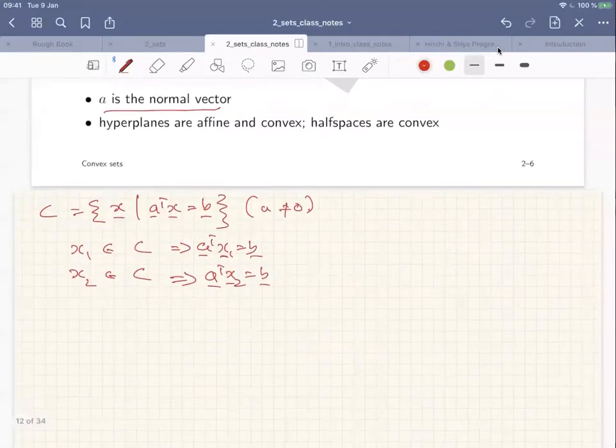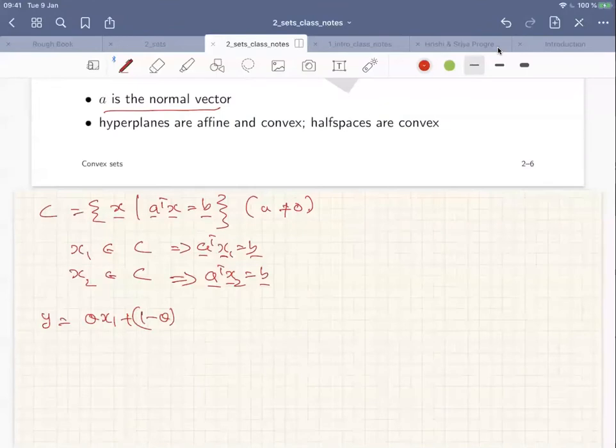Then let's take a third point y, which is theta x1 plus 1 minus theta x2.